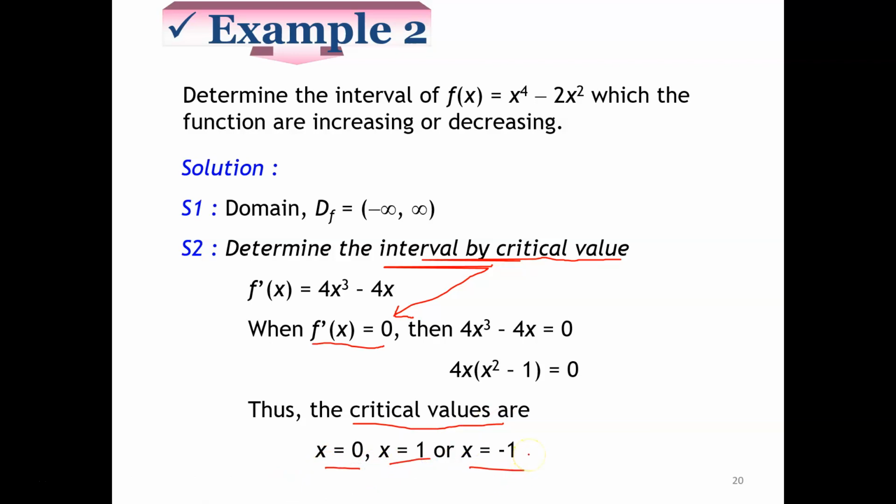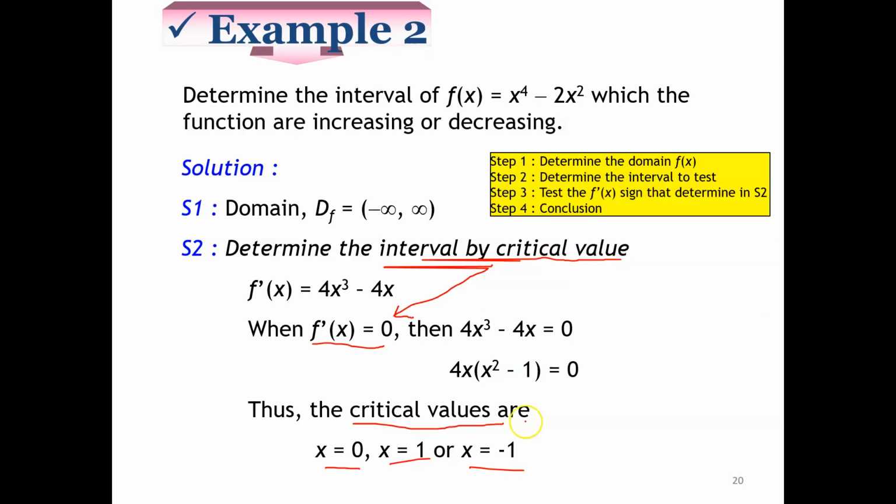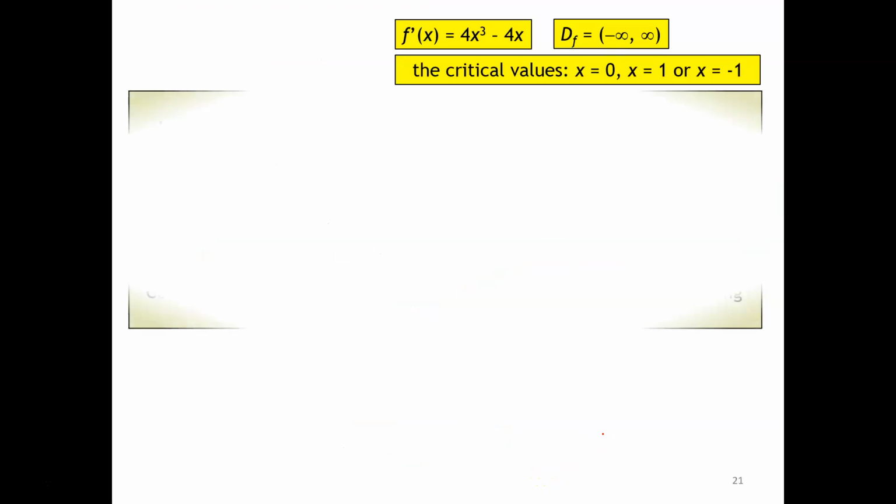Okay. So when you have critical values, of course you will have critical points, right? Okay, don't worry about that. So, tengok dekat sini. We already in step 2. Now we're going to move on to step 3. Okay, so you obtained already your x value or the critical values.